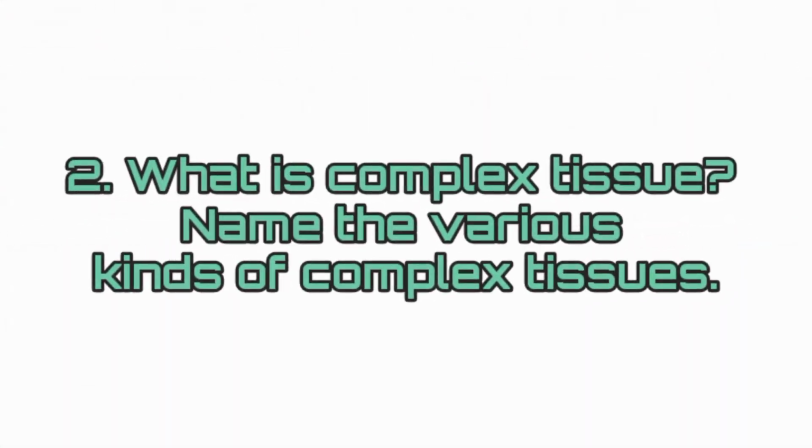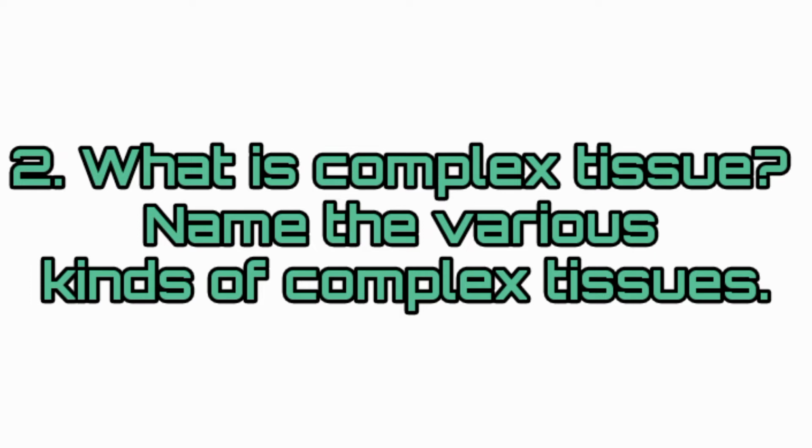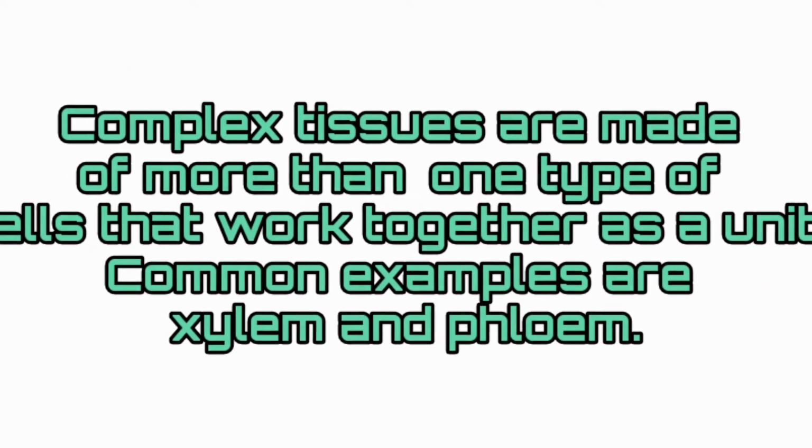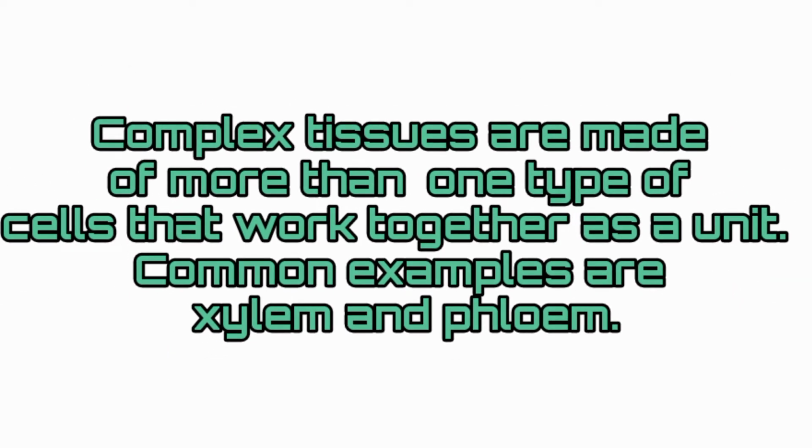Second question, what is complex tissue? Name the various kinds of complex tissues. Answer, complex tissues are made of more than one type of cells that work together as a unit. Common examples are xylem and phloem.